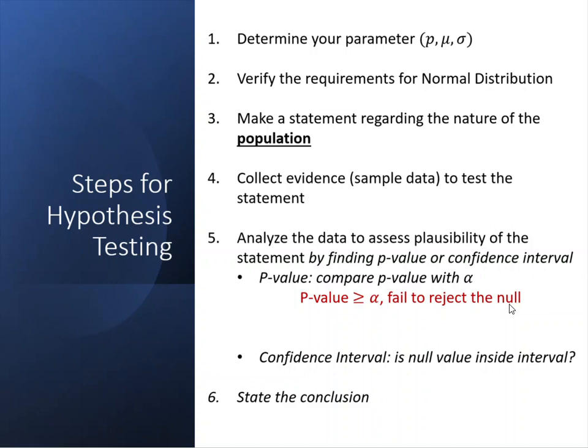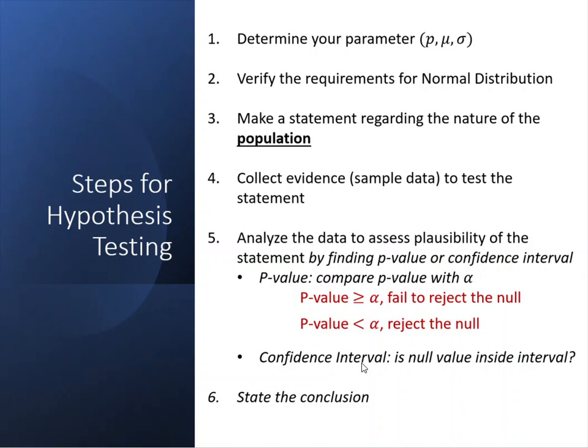If the p-value is greater than or equal to alpha, we fail to reject the null. When the p-value is less than alpha, we reject the null. So make sure that you have these two concepts here. P-value greater than alpha, fail to reject. P-value less than alpha, reject.